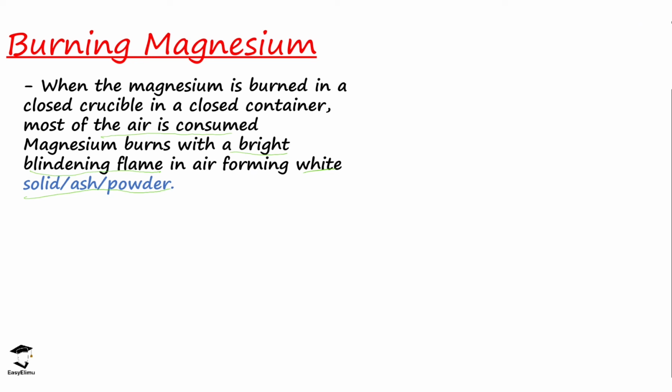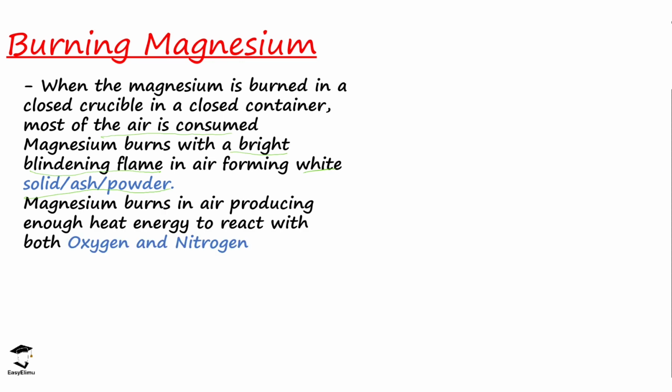We know that when you burn magnesium, a lot of heat is produced. This heat enables magnesium to react with both oxygen and nitrogen. When you look at the components of air, we said nitrogen forms the highest percentage.